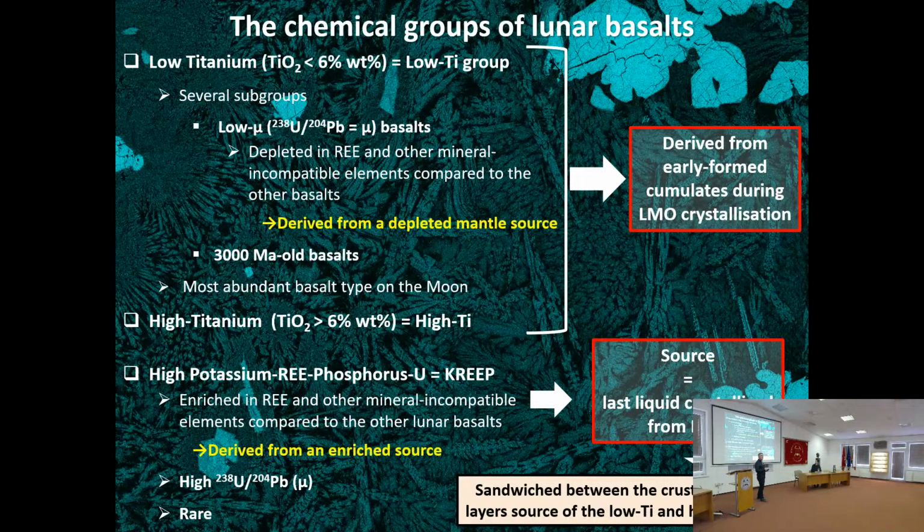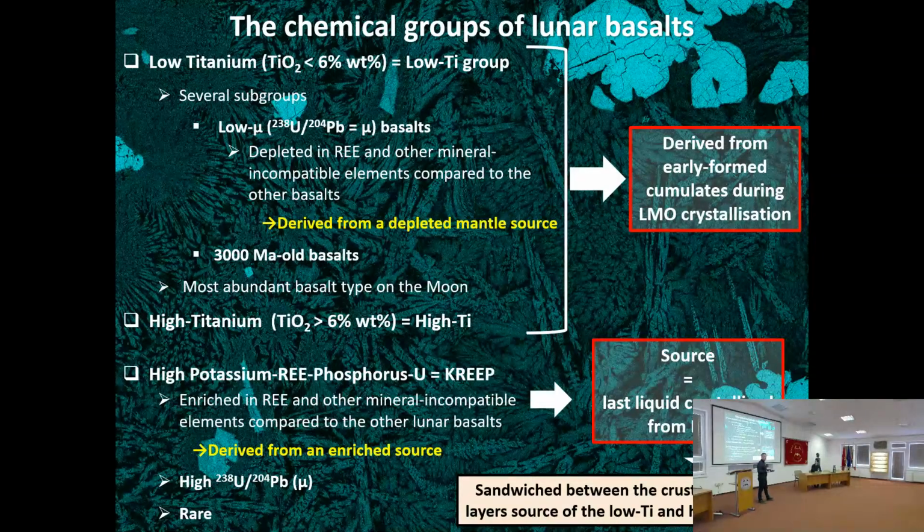The third important group of lunar basalts are the KREEP basalts. They are named that way because they contain potassium, phosphorus, rare earth elements, and uranium. They are particularly enriched in incompatible elements compared to the other lunar basalts.